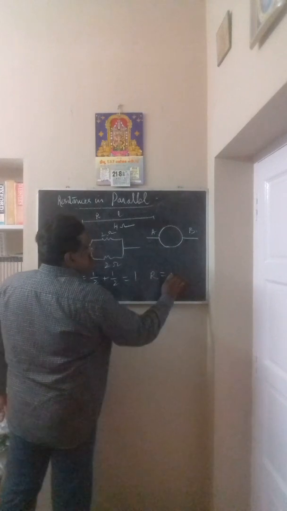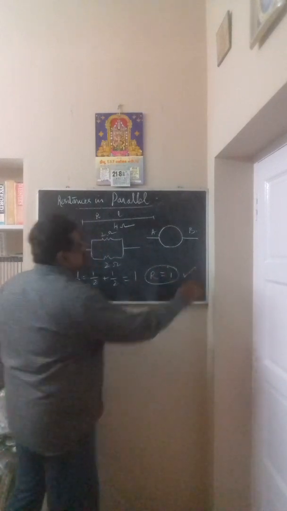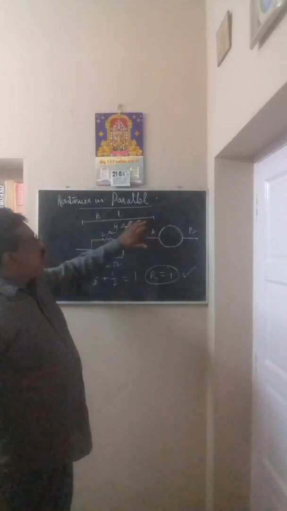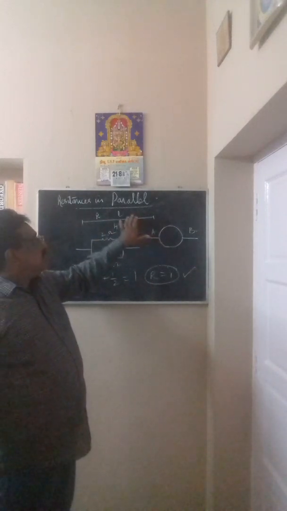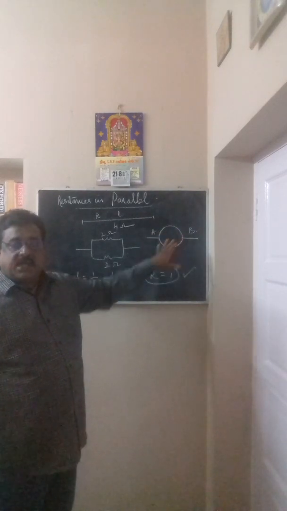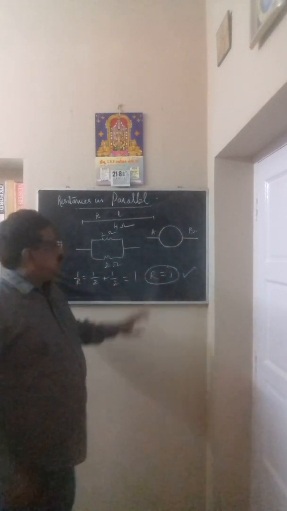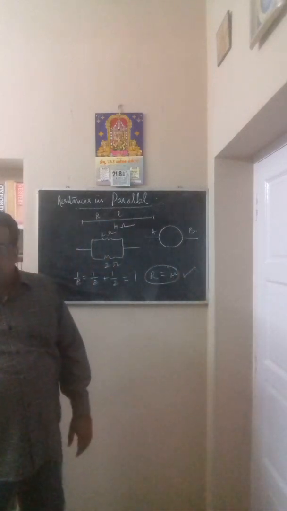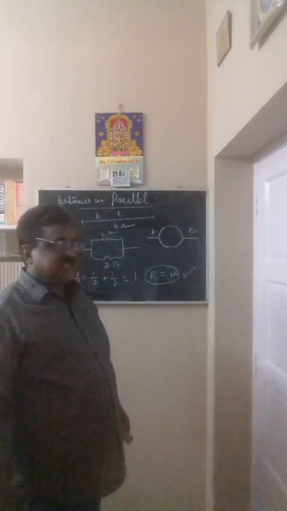So R is equal to 1. So the effective resistance of this 4 ohm wire of length L, when it is circled, across its diameter will be 1 ohm. Mentioning the unit is very, very important. Ohm is the unit of resistance.